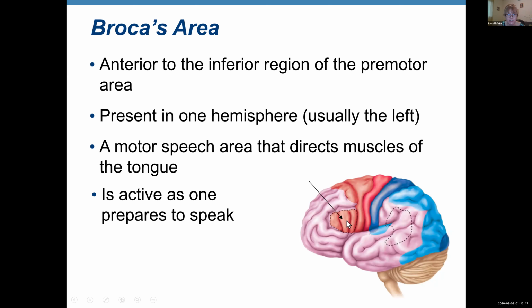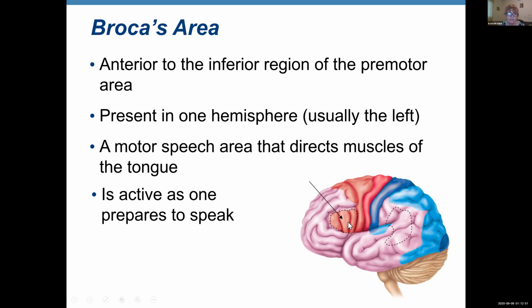So if you have a patient with a stroke in Broca's area, right, and stroke means part of the brain dies over here, then the patient would have a problem with talking, because they cannot move their tongue, and sometimes even with meaningful speaking. So they might talk, but they either have a hard time talking or it might not make much sense.